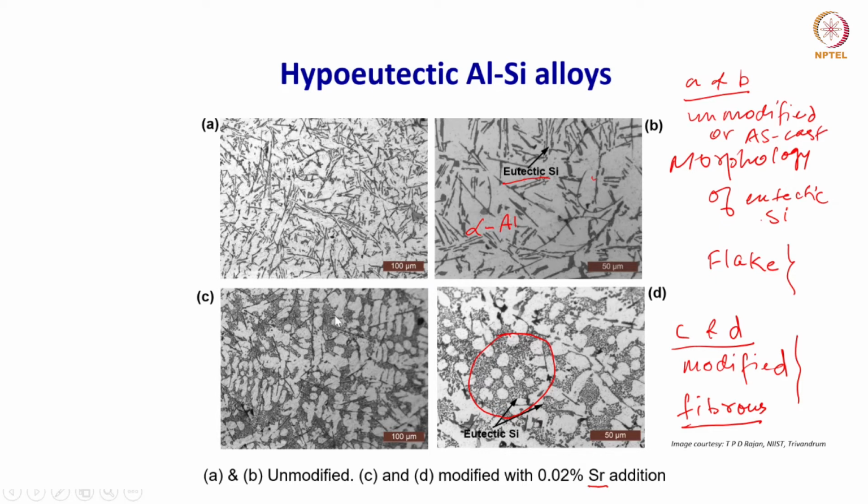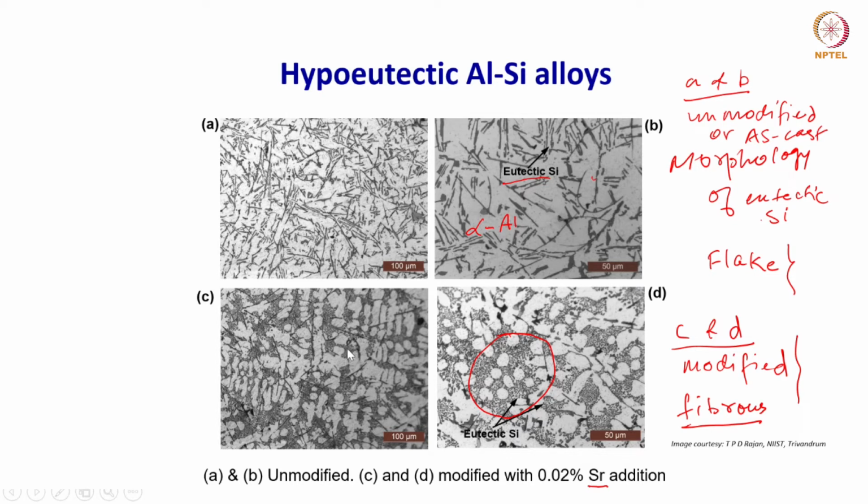These are cast alloys, and you can expect that this kind of dendrites will form once the casting is solidified, because the dendritic structure is one of the most common microstructures in castings. Here also it is no different. You might find this kind of dendrites as you see over here, and the eutectic silicon will be along the interdendritic regions, which are actually the grain boundaries.